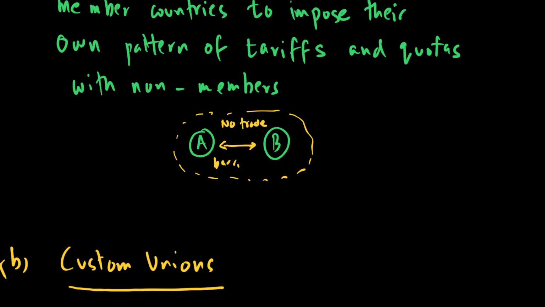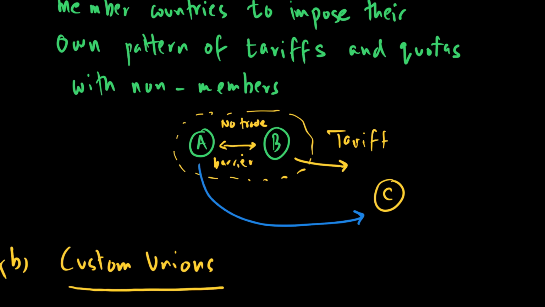But at the same time, B could, for example, put a tariff on C, while A could decide not to put a tariff, and could also have free trade with C. So the members have no trade barriers among themselves in a free trade area, but they are also allowed to have a different external trade policy with non-members.